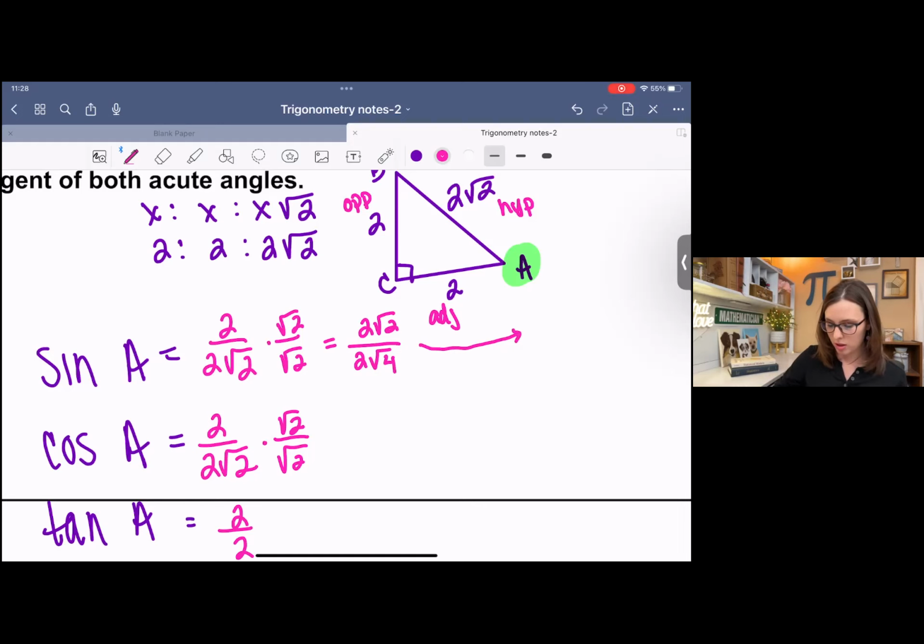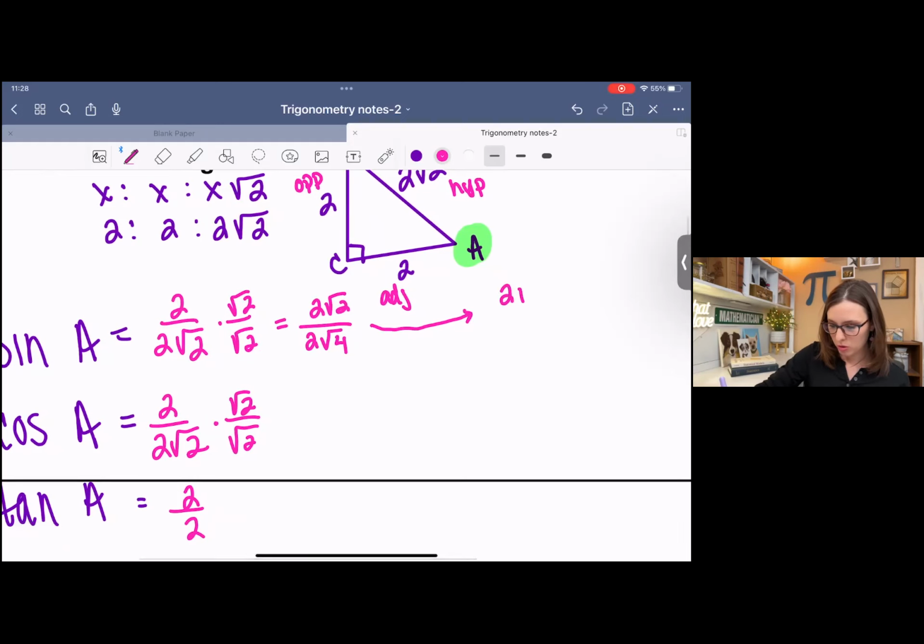Sorry about that. 2 square root 2 over square root 4 is 2. So 2 times 2 is 4. And then if we simplify the coefficients, or the coefficient with the denominator, we end up with divide by 2, divide by 2. I'm going to leave the 1 out of this because I don't need it. And that is what we're looking for.